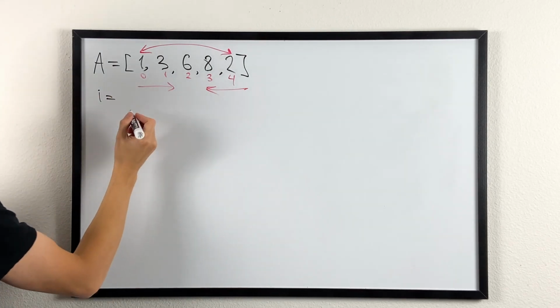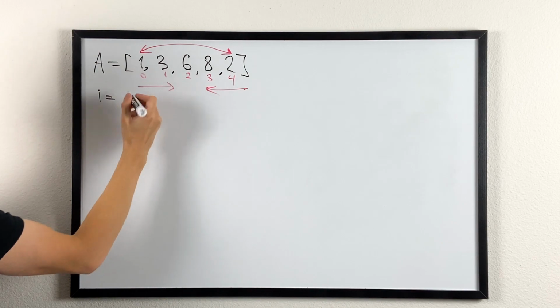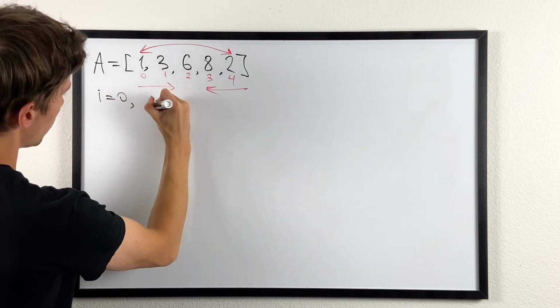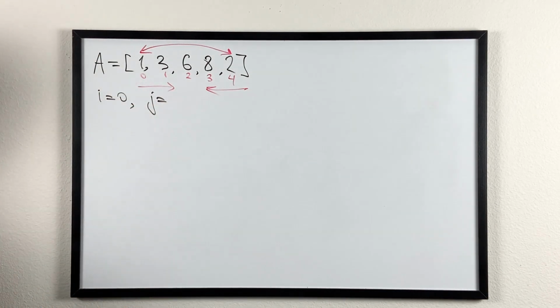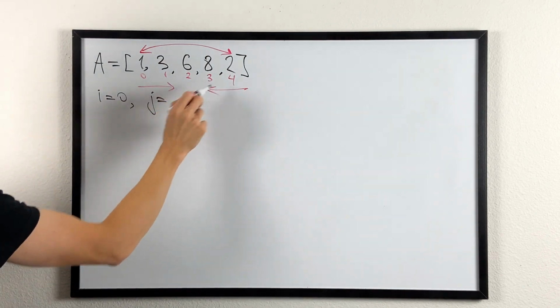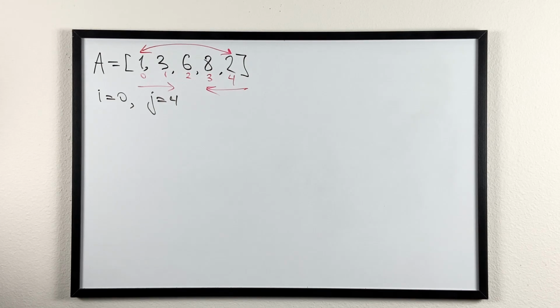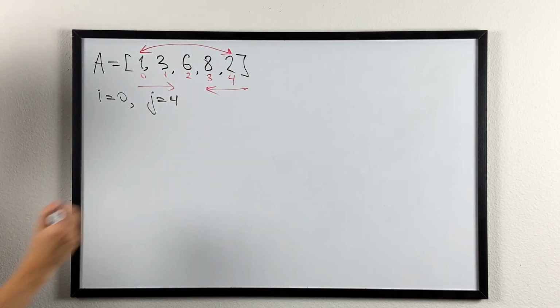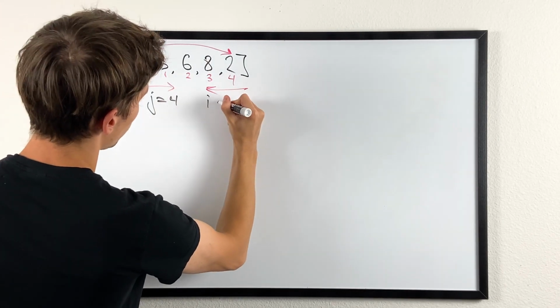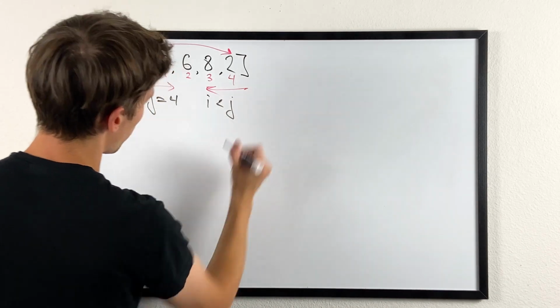It will start from the index of the first element, so it's 0. And variable j will start from the index of the last element, so it's 4. And we will continue doing that until we reach the middle of the list. In other words, until i is less than j.